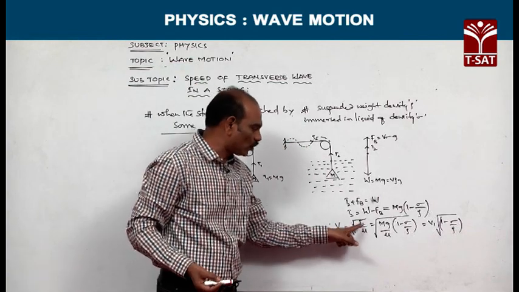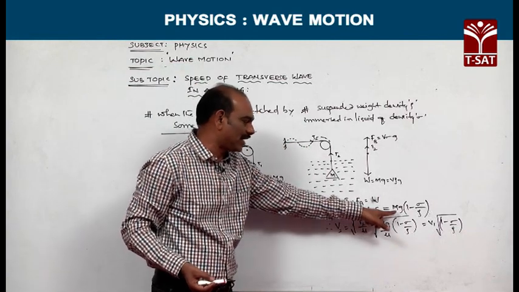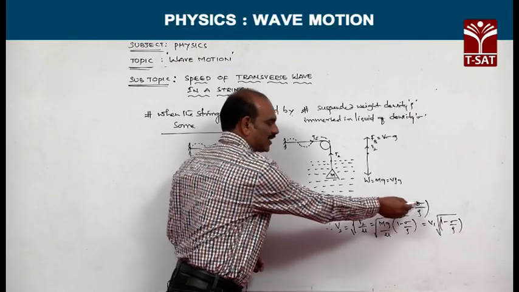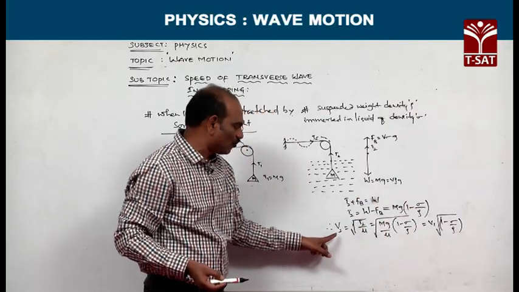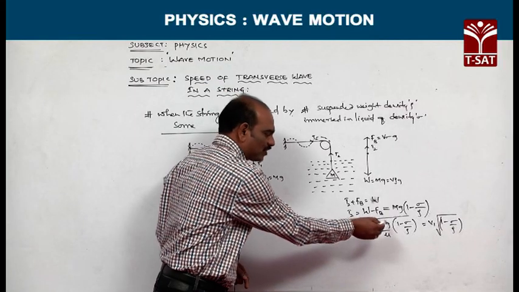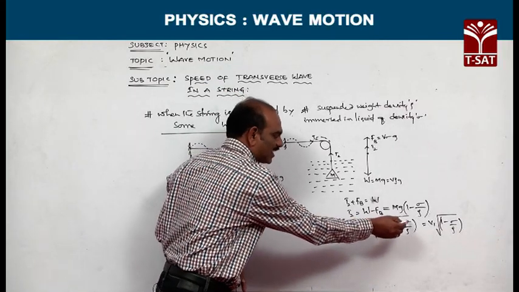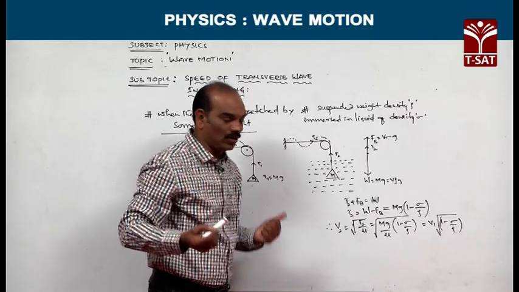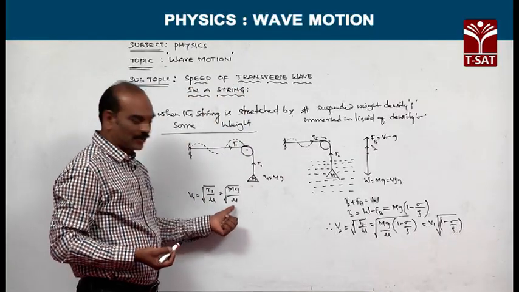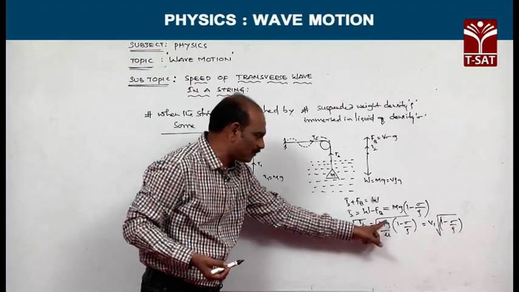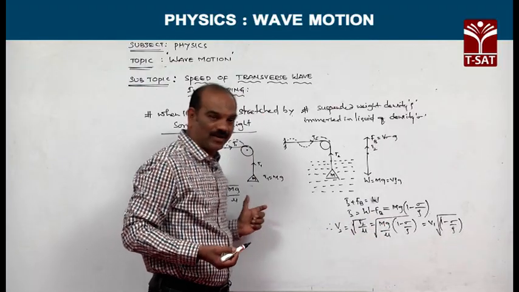Therefore, in T2 by mu, T2 can be replaced by mg into (1 minus sigma by rho). Substituting this value, we get V2 is equivalent to the square root of mg by mu times (1 minus sigma by rho). As we know, V1, the speed in air, is mg by mu, so this value can be replaced with V1.